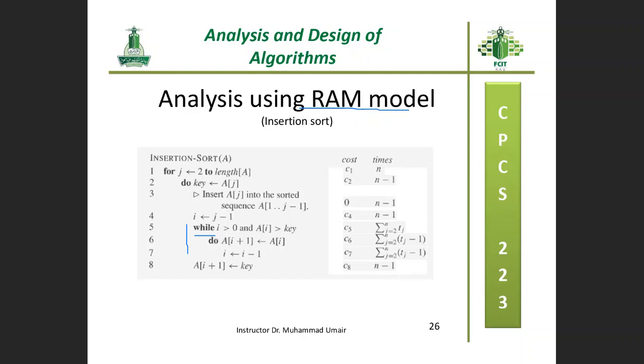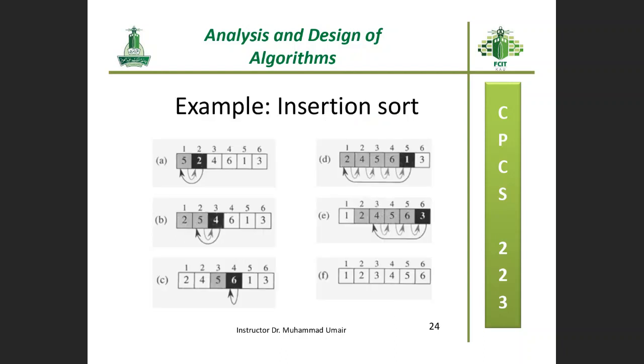If you remember how we process the data in an array using insertion sort, we discussed this also in the last lecture: the value you find at the second index is compared to the previously already sorted data. You observe that in this while loop, we have a different number of iterations depending on the data.